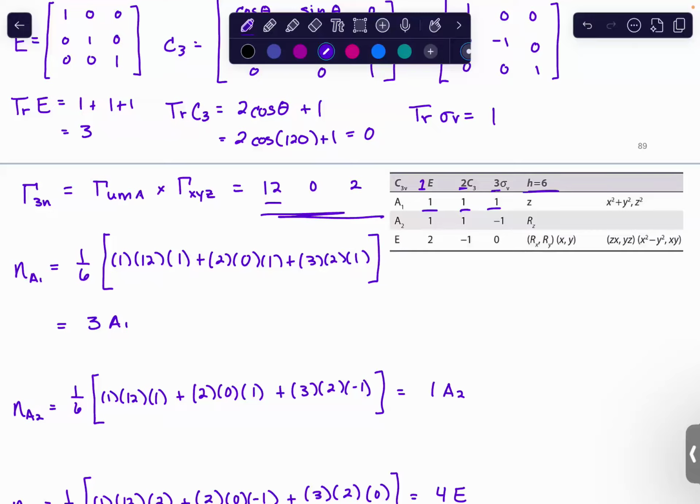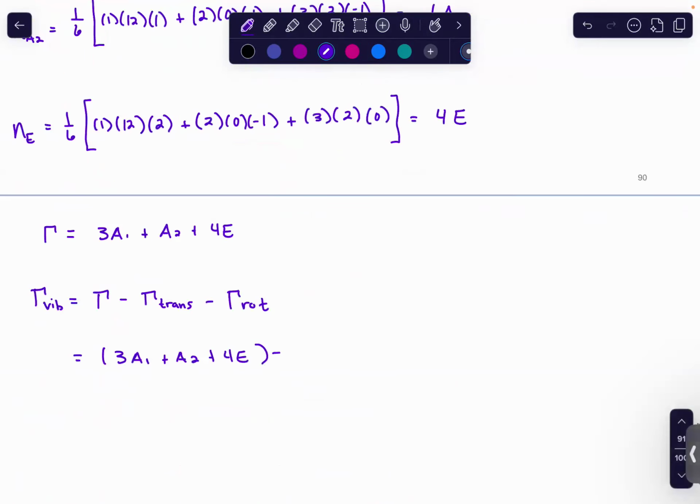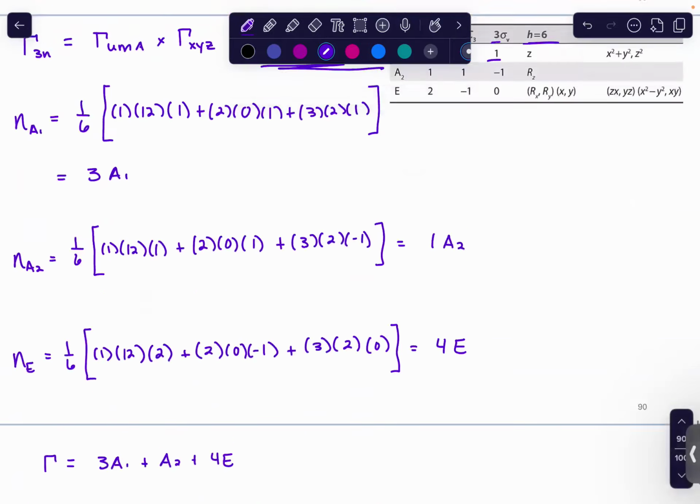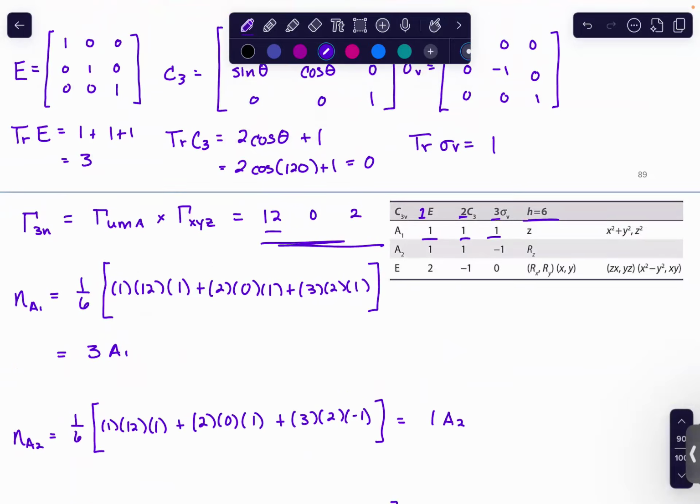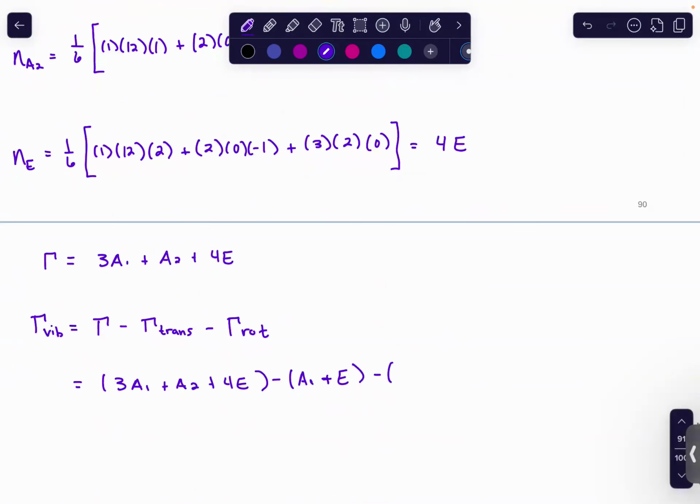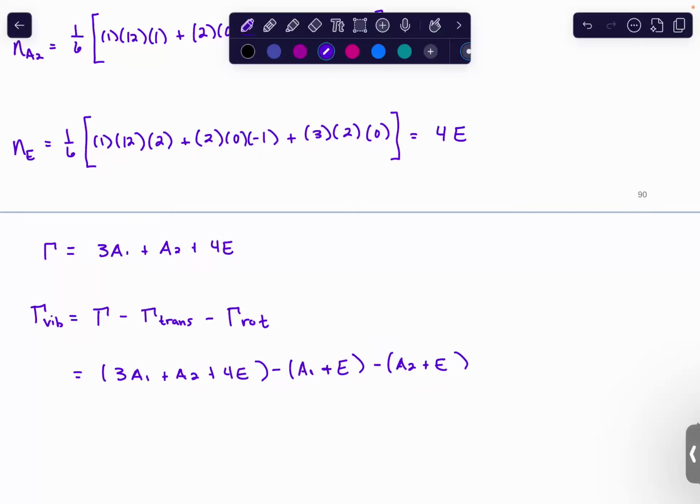Is it the same ones that are IR active? Yeah, so it's your A1 and your E. So we're going to subtract off A1 and an E. Now, which symmetry groups give us rotation? I guess the A2 then. A2 and E. We're going to subtract off an A2 and an E.